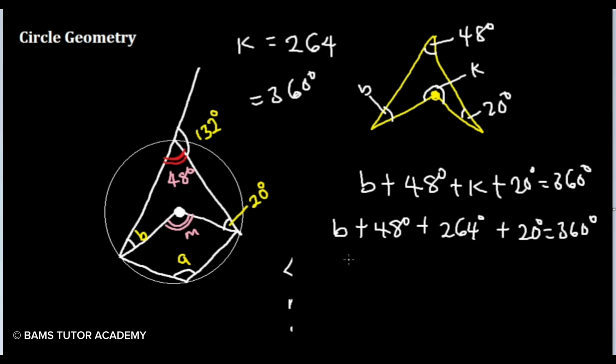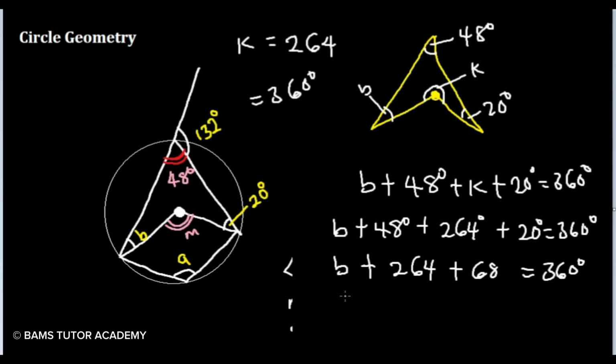So B will be equal to, 48 plus 20, that's 68, right? So B plus 264 plus 68, everything equals 360.